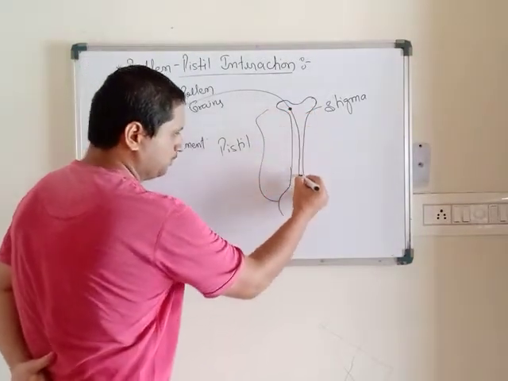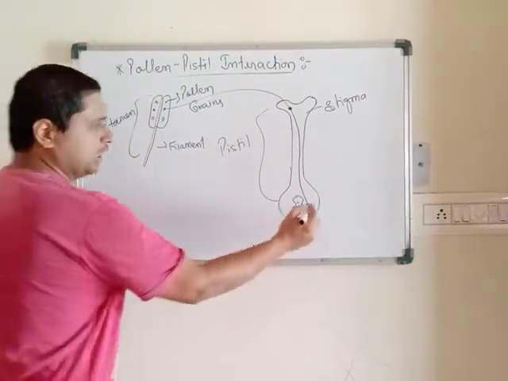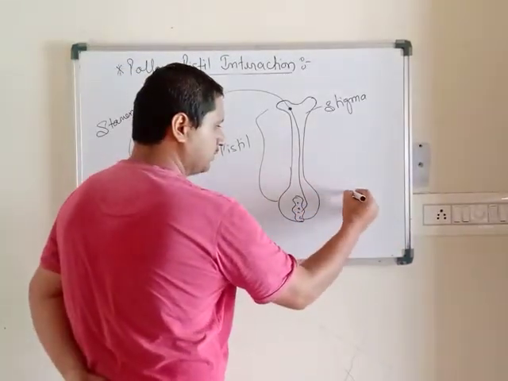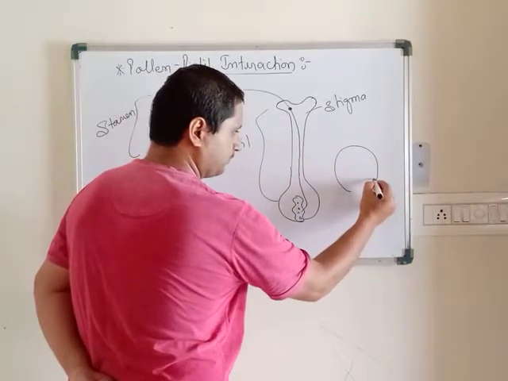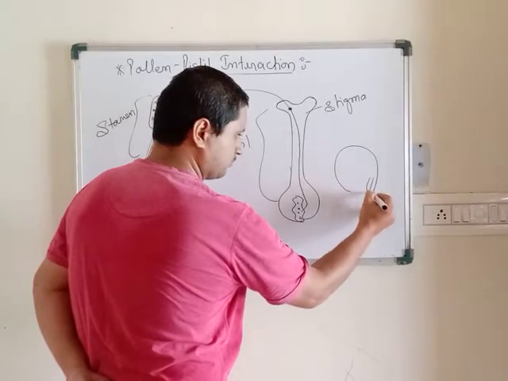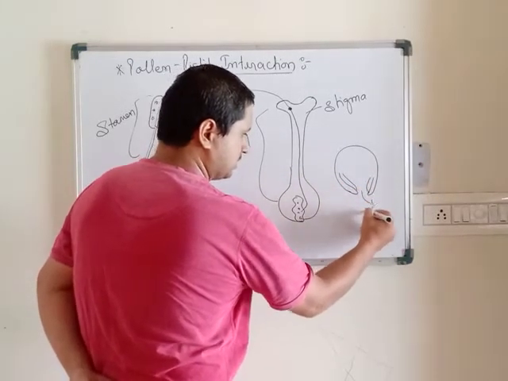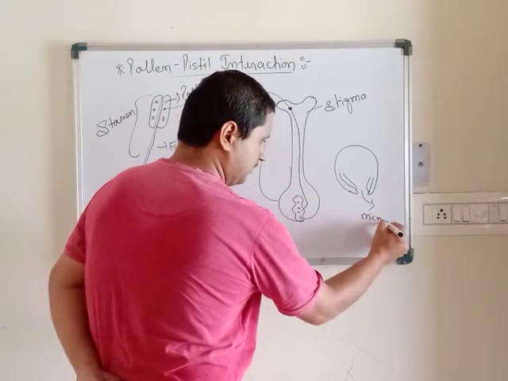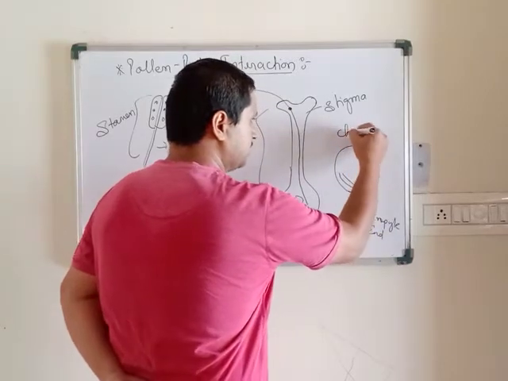develop the pollen tube, and when they enter into the ovary or the ovule, they enter through this micropyle end, and this is the which end?